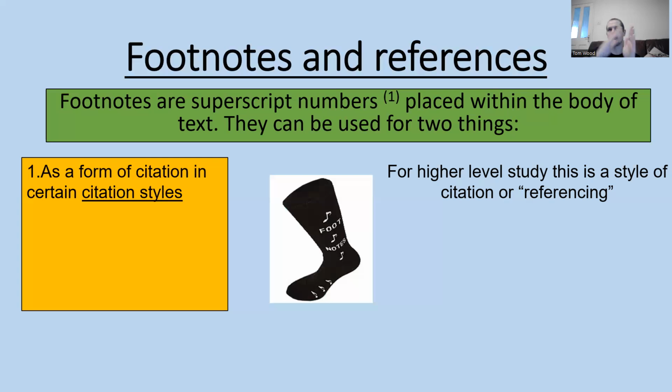So maybe it will say, in 1984, the wrestling championship was won by John Deaver. Then there might be a little number there, and it might carry on with other information. When we look down, it will say where that fact has come from. So it's a type of citation.